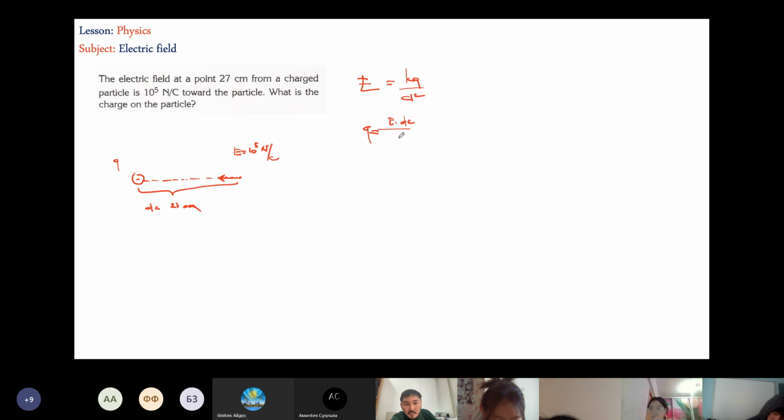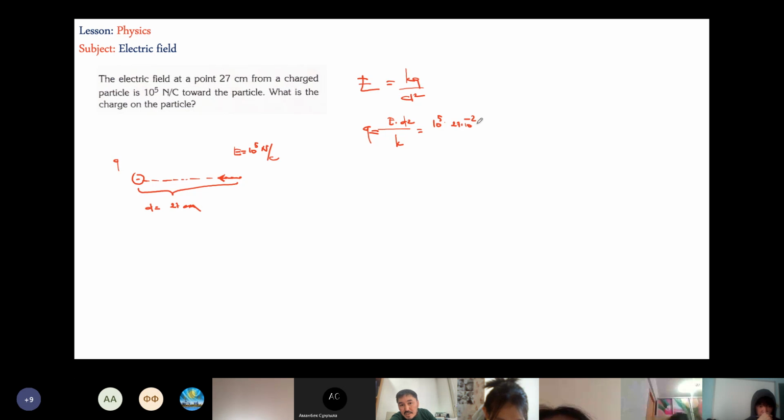E times D square over K, I write here. Electric field is 10 to the power 5. To make it easy, I write D square as 27 times 10 to the power of minus 2, times 27 times 10 to the power of minus 2, because it is squared. And 9 over 10 to the power of 9. I simplified this, 3 remained. That will be 81.